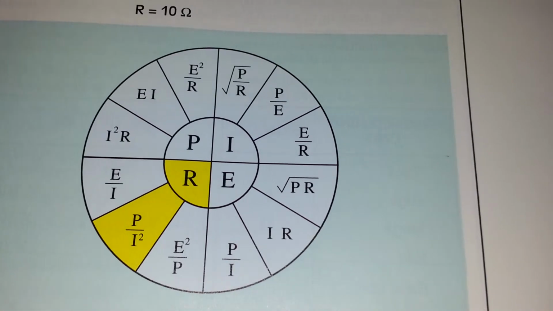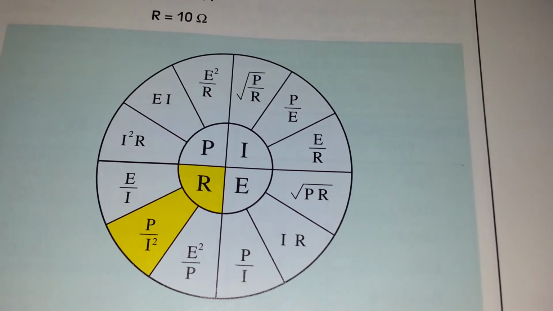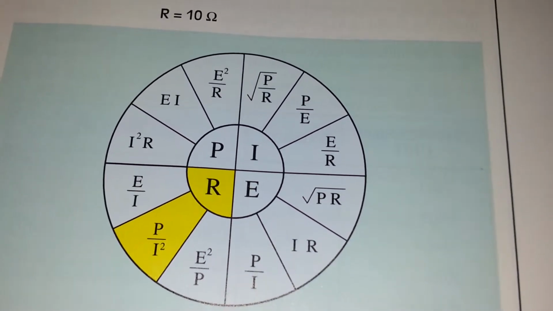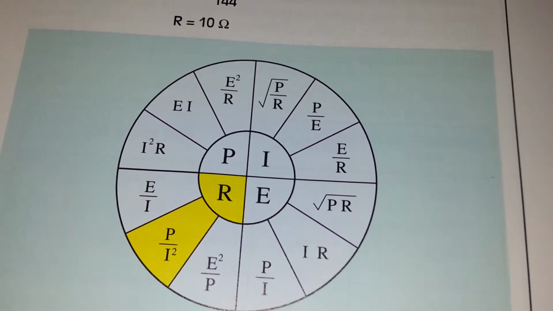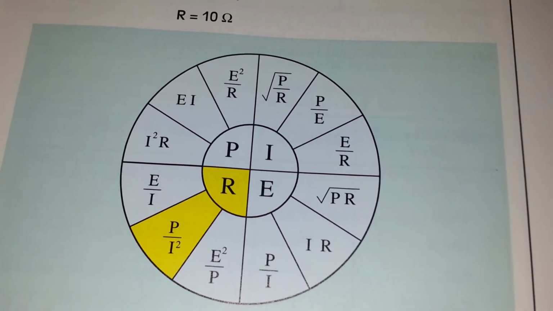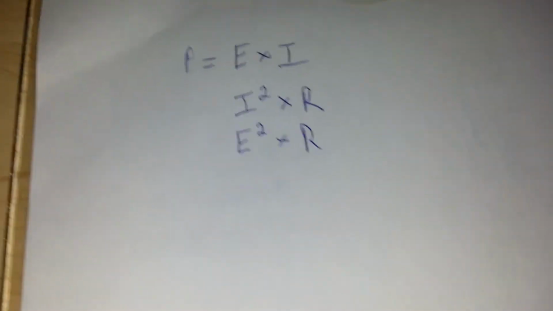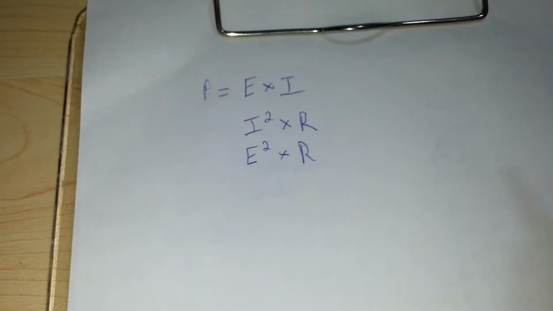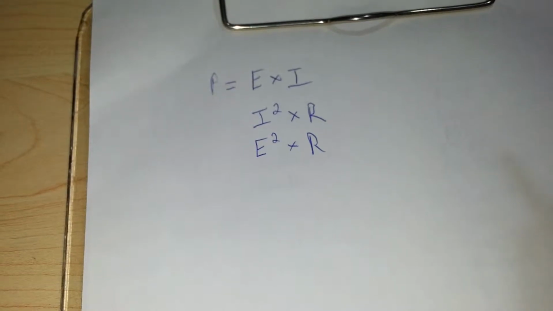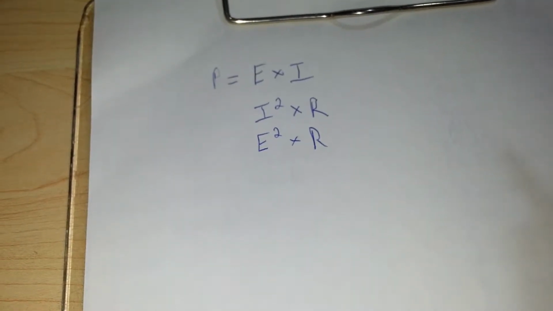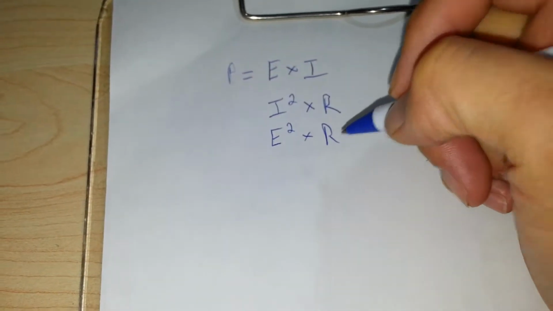So we have P equals E times I. We also have P equals I squared times R. And we also have P equals E squared times R. Alright, well, let's factor the first one.